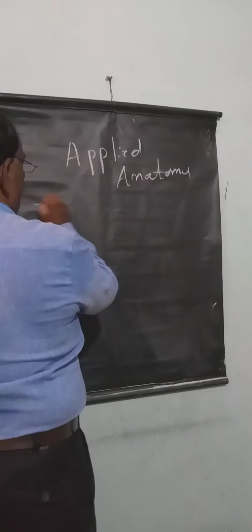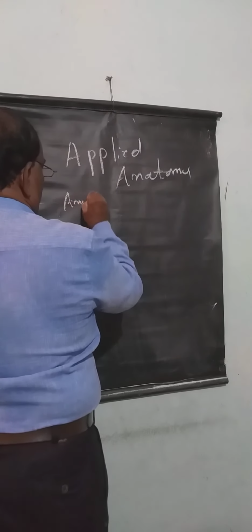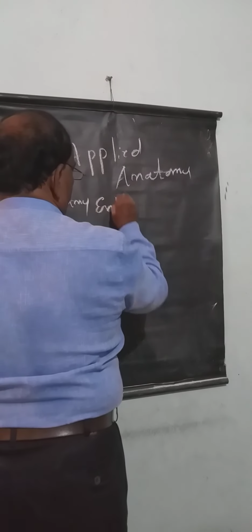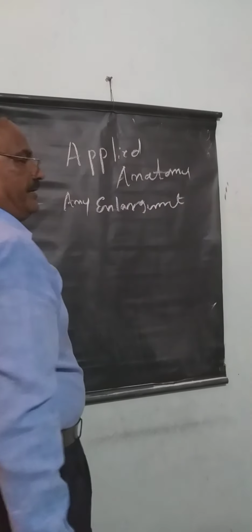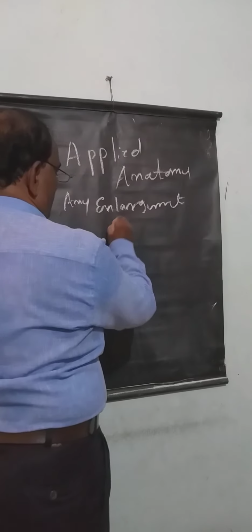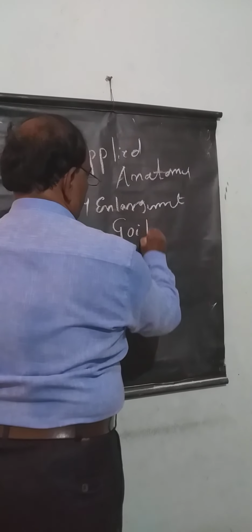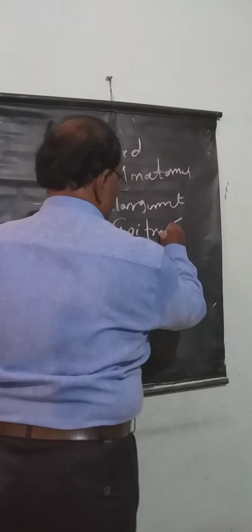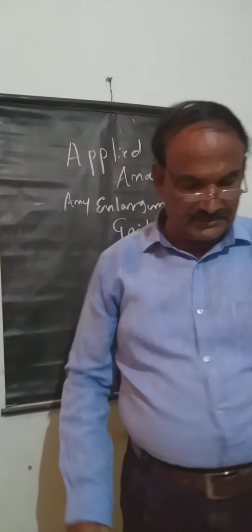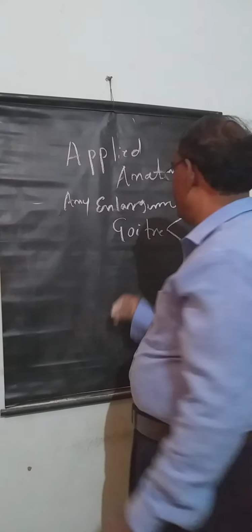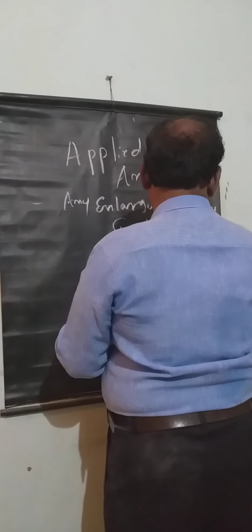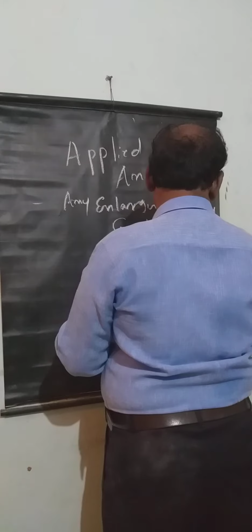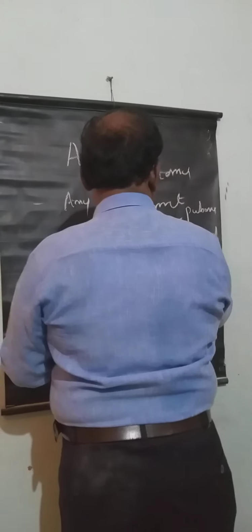Any enlargement of the thyroid is called a goiter. It may be a puberty goiter or a colloid goiter. Any enlargement is called a goiter.